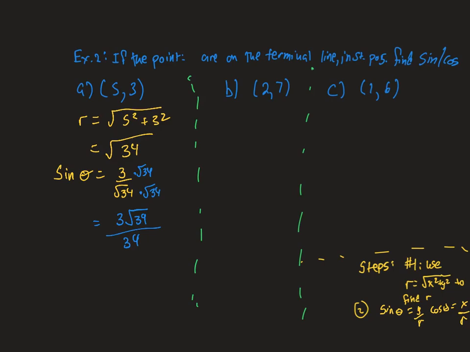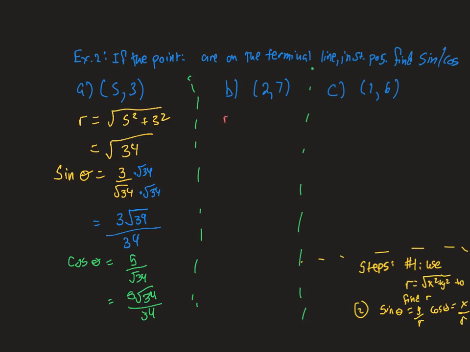Okay. Cosine, same thing. Which, once again, you're going to have to multiply the top and bottom, so you're going to get 5 root 34 over 34. Let's do b.